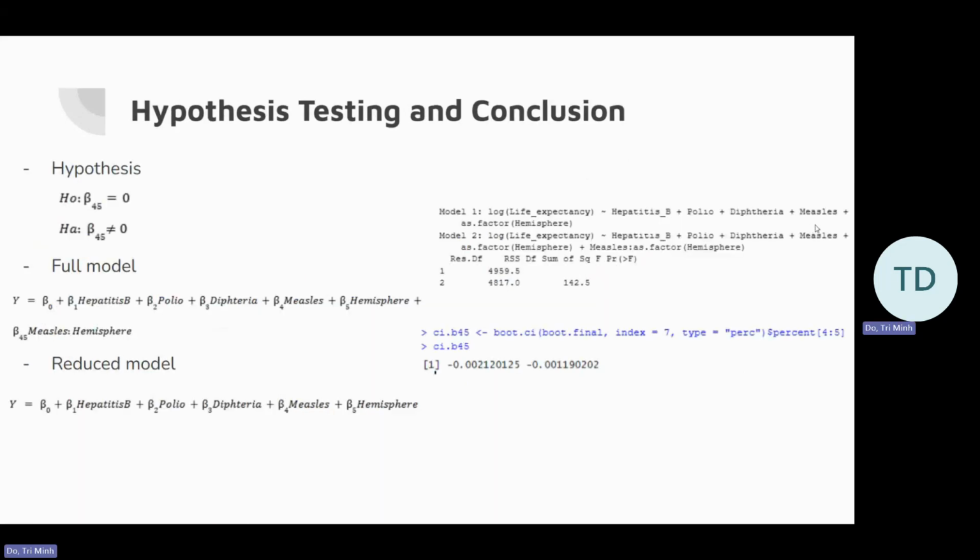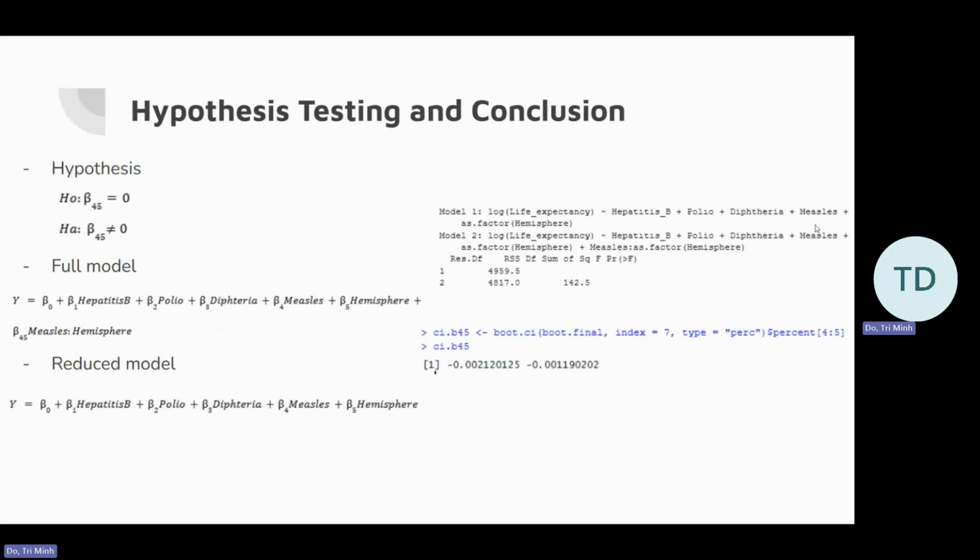From then on, we test the hypothesis of whether there is a significant interaction between measles and hemisphere, since it is the only interaction term left after model selection. We apply bootstrapping to find the confidence interval of this coefficient.